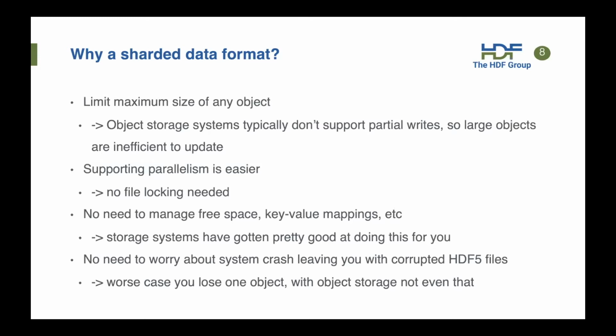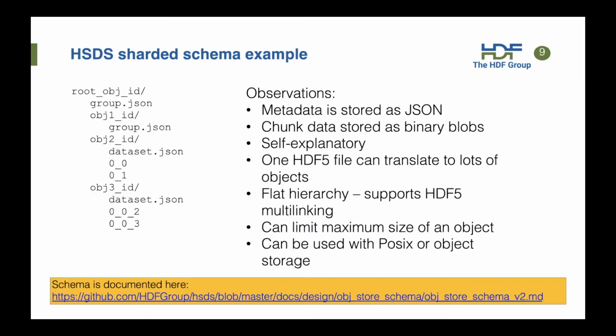Here's an example of what it looks like. For a given root group ID, you have the root group, called object1, dataset.json, and in dataset.json you see there's a 0_0 and 0_1. These are referring to two chunks of an apparently two-dimensional dataset.